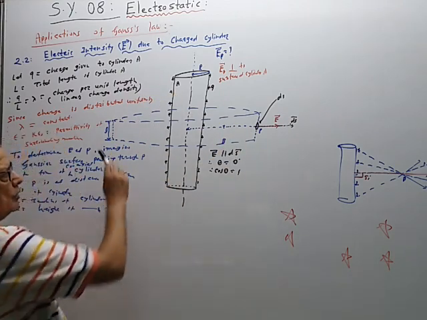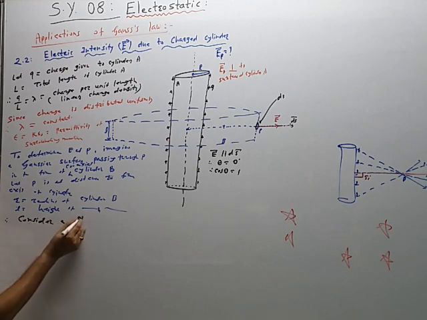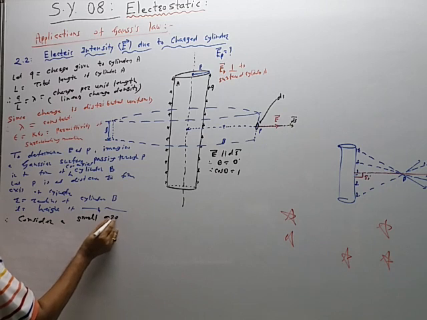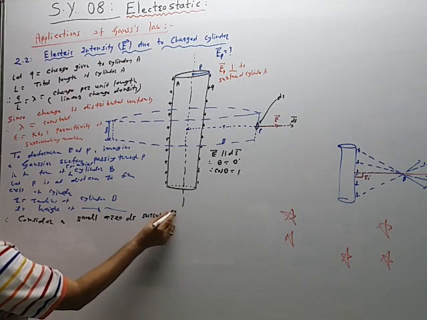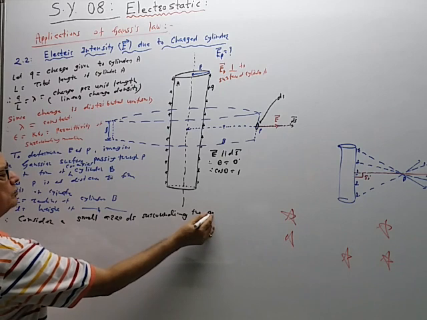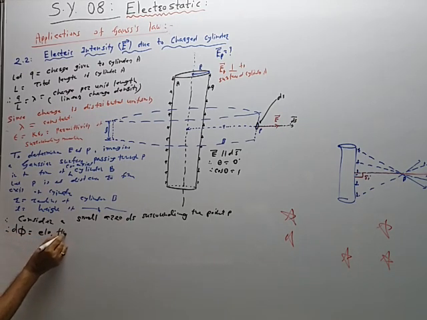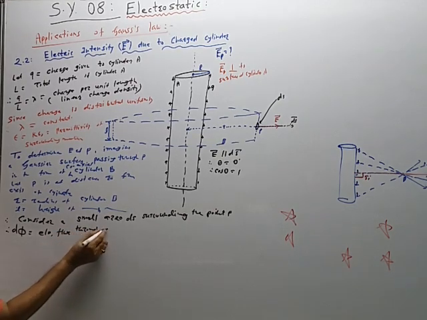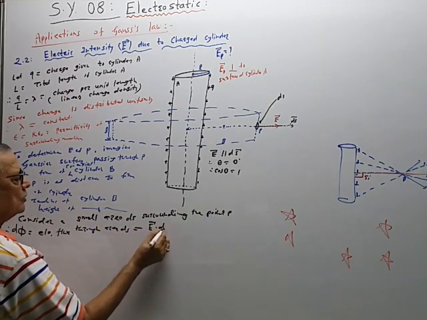Right. So for this cylinder B, it is a Gaussian surface, but to use this equation, consider a small area ds surrounding the point P. Therefore, d phi is equal to electric flux through area ds, and it is given by the dot product of electric intensity dot ds.